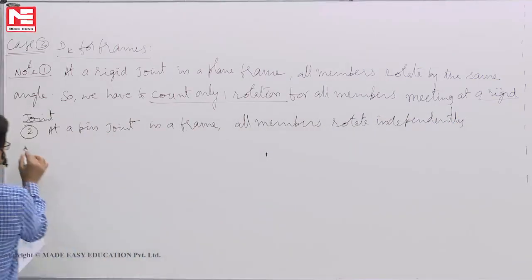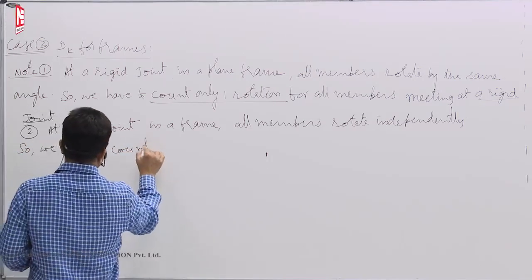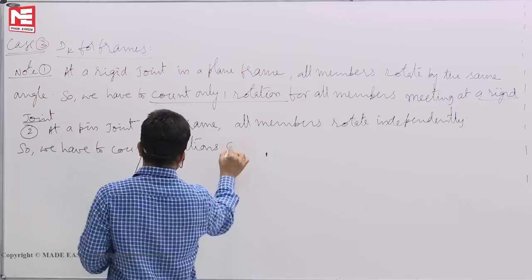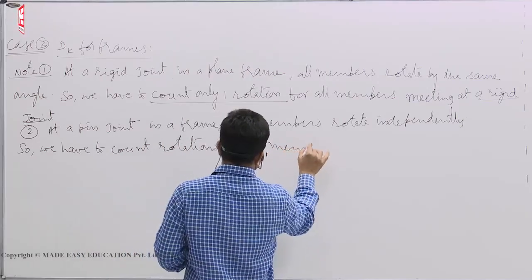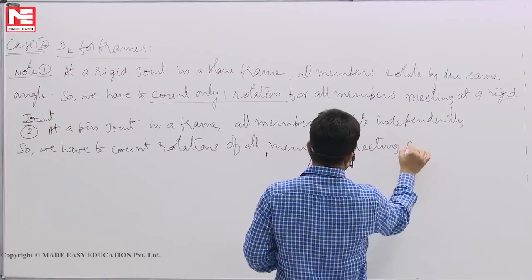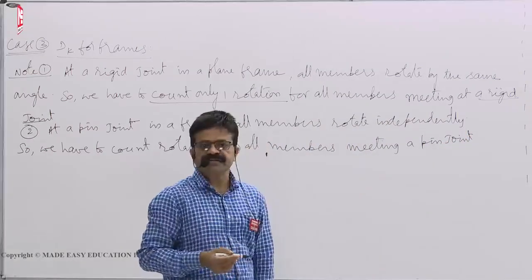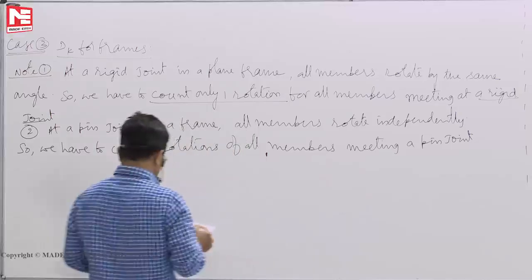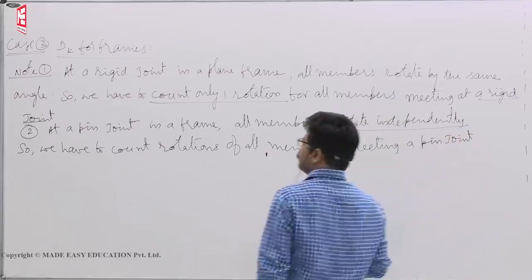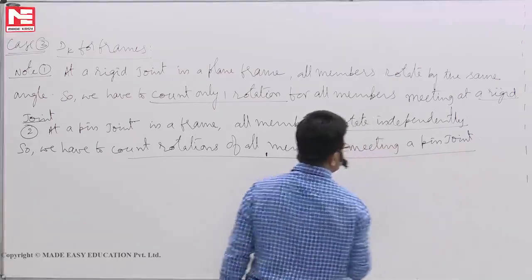So we have to count rotations of all members meeting at a pin joint. At a pin joint, each one can rotate independent of the other member. Next. So, all members rotate independently. Count rotations of all members meeting at a pin joint.